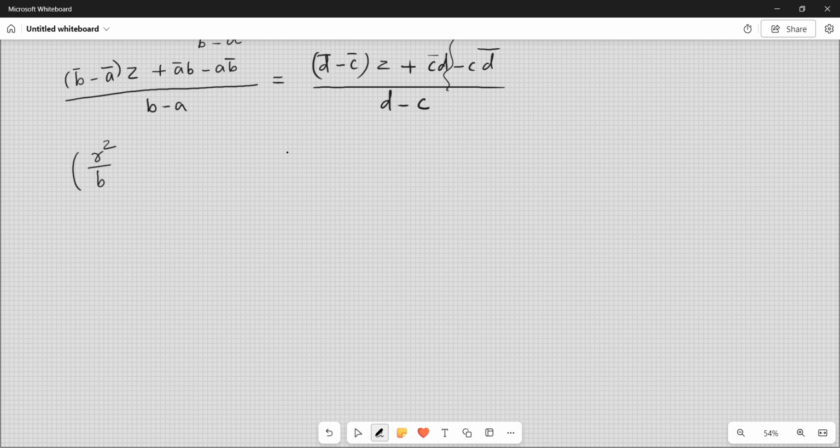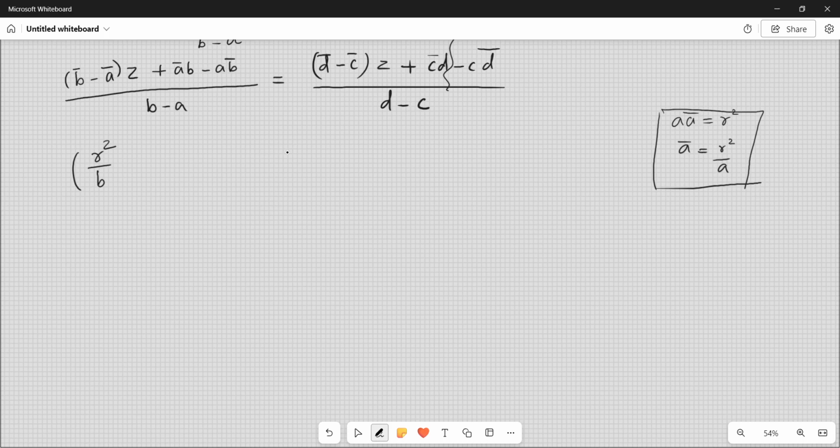Why? Because b b bar was equal to r square. Similarly, a bar is nothing but r square upon a. Okay, so basically I will be doing this for all the terms.